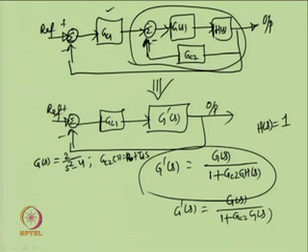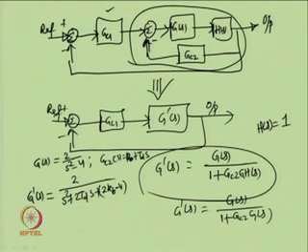Then that will give us the inner loop as G dash s equal to 2 upon s square plus 2 TDs plus 2 Kb minus 4.